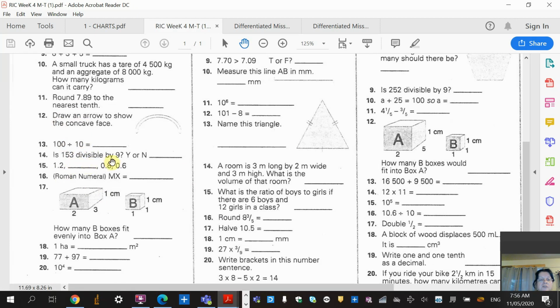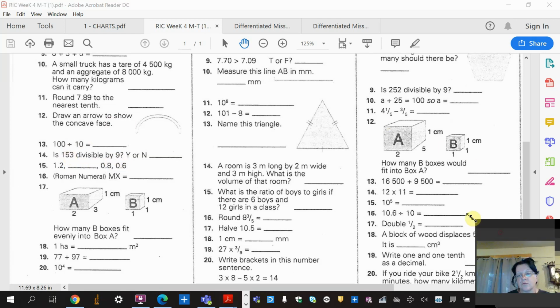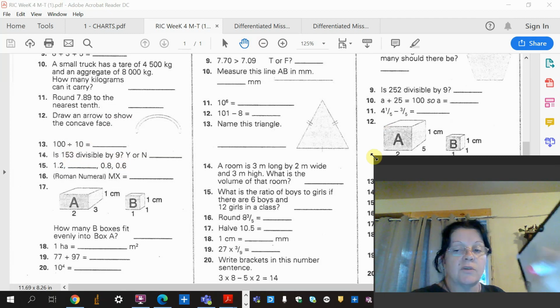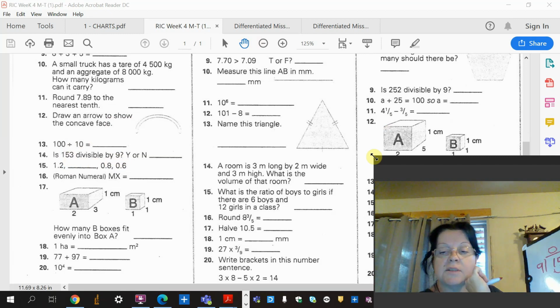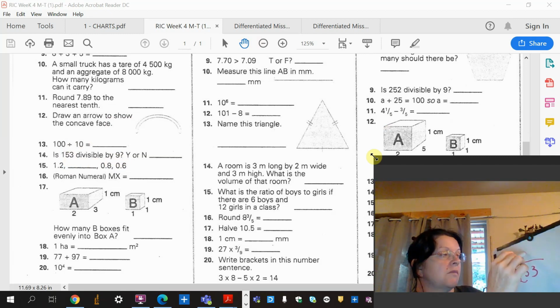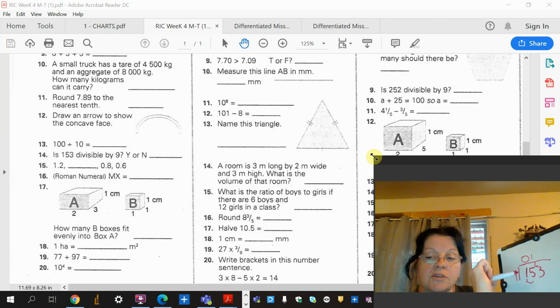Is 153 divisible by 9? Yes or no? So that means does it go into it? And if we even just look at that now, we can see that 9 can easily fit a number of times into 153. But if we actually wanted to work it out as a division, which I think is a good idea, so 153 divided by 9. 9 goes into 1, nope, doesn't fit. 9 goes into 15 once, and how many over? 6, and 9 goes into 63.